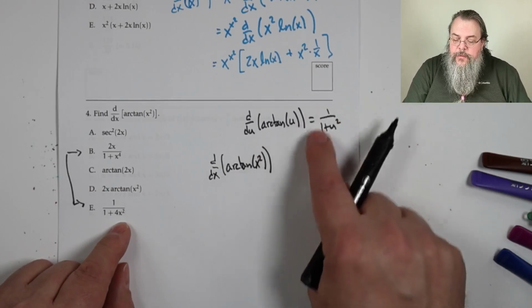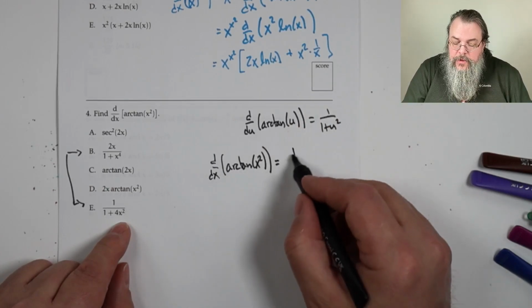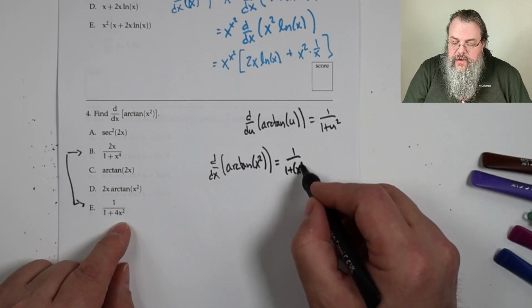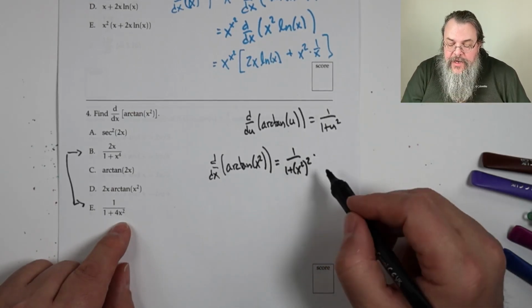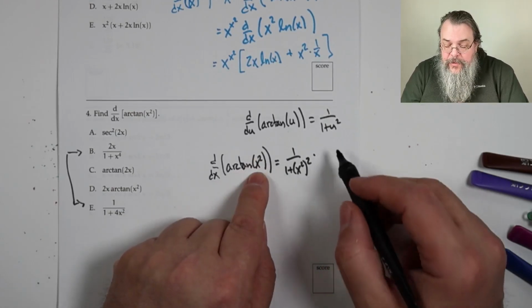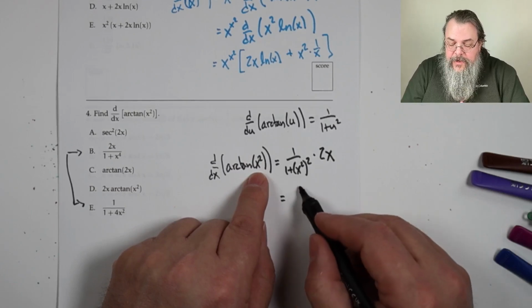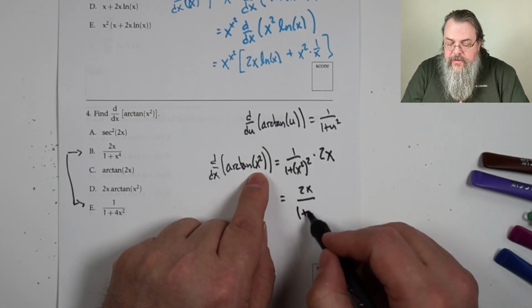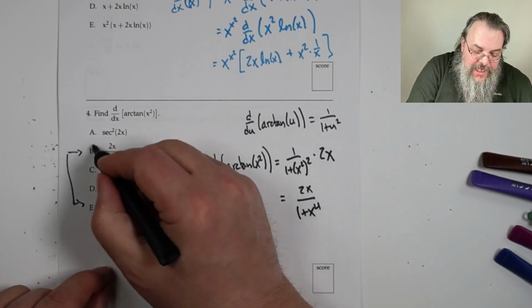Derivative of the outside is 1 over 1 plus inside squared. Chain rule then says times that by the derivative of the inside. The derivative of x squared is 2x. And so, well, that's 2x over 1 plus x to the fourth. Aha! B.